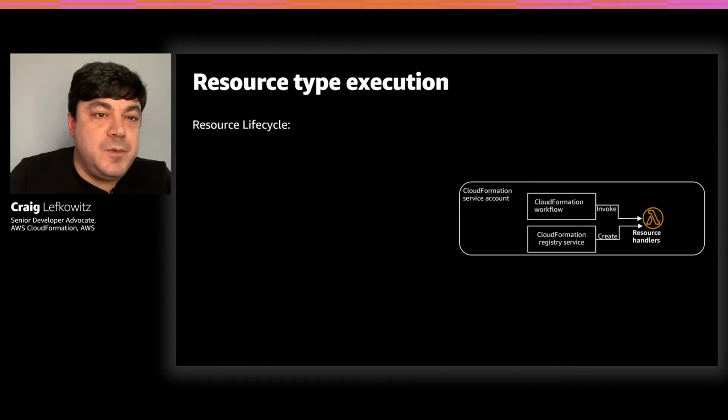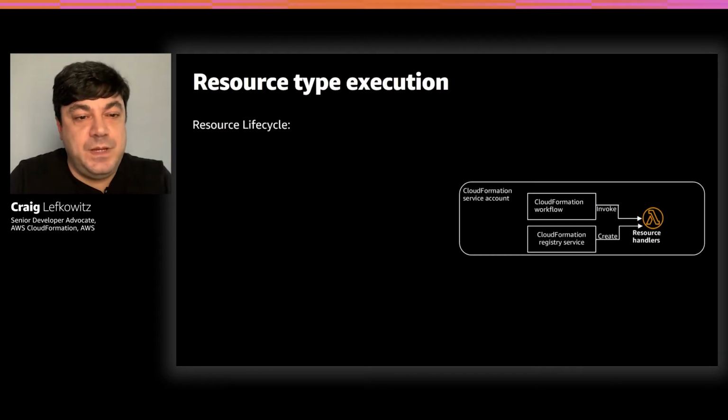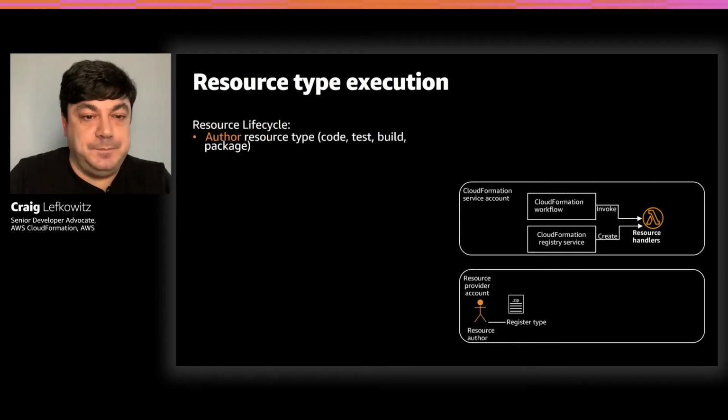So you may be familiar with custom resources, which is a feature we introduced in 2015 that enables CloudFormation to manage non-native AWS resources. Resource providers work a little bit differently. As an author of a resource type, you're going to start with writing a schema file that defines your resource. There are inputs and outputs in that schema file.